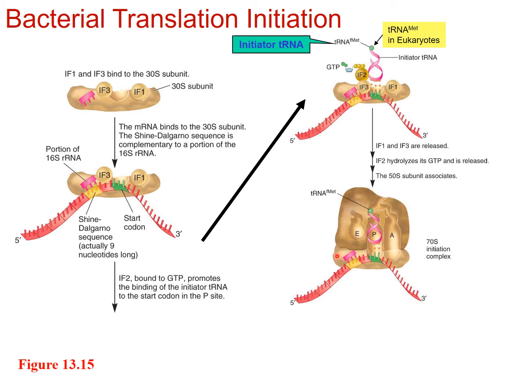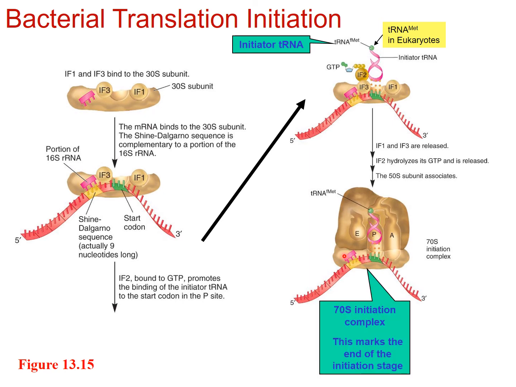So now we have this whole 70S initiation complex where we have the complete ribosome, the messenger RNA is bound, there is base pairing of the initiator transfer RNA in the P site with the start codon, and there's an interaction of the ribosome binding site or Shine-Dalgarno site in the messenger RNA with the 16S ribosomal RNA. And so once we get here, this is the end of the initiation stage.